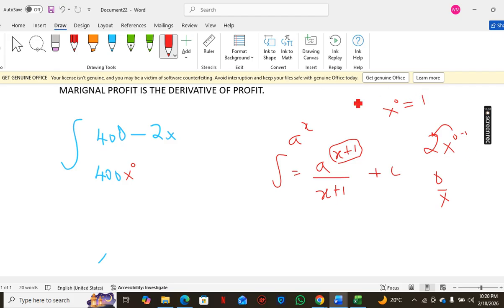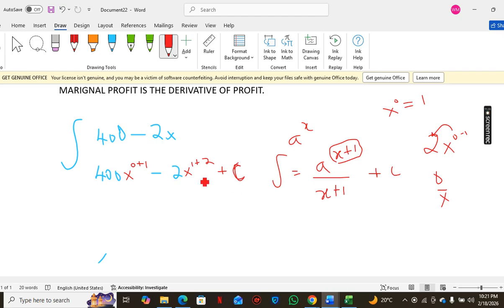So, minus 2x to the power 1. So we apply this rule for integration. Add a 1 to the exponent, so you say 0 plus 1. Even here, add a 1 to this exponent. And remember also put a plus c, because when you're integrating, you're always putting a constant.